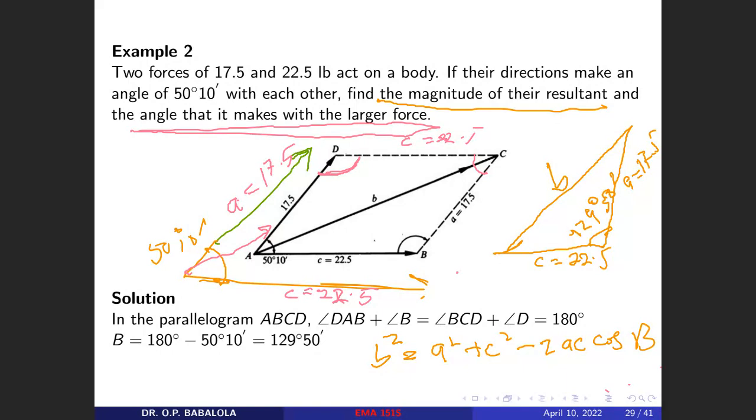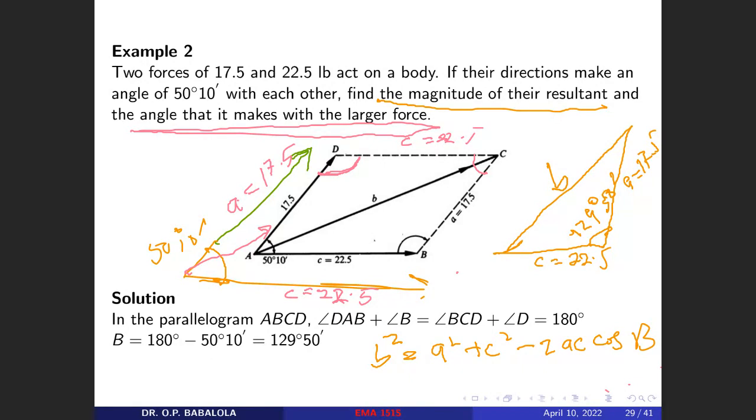Sorry, I want to go a step back. The question says the angle that the resultant makes with the larger force. It's not this angle. It is this little angle here. Let me indicate it.